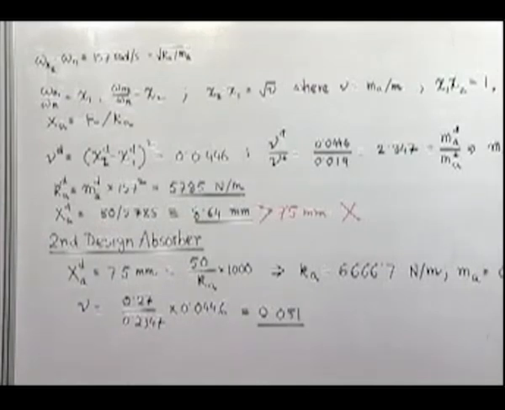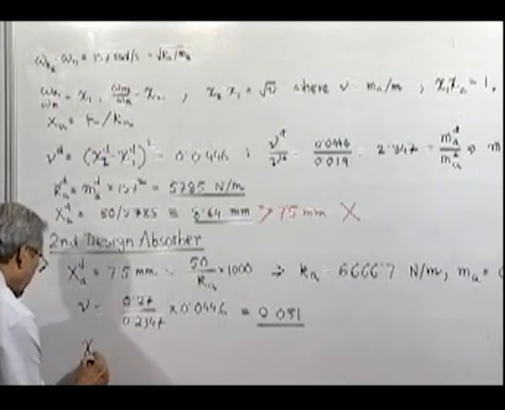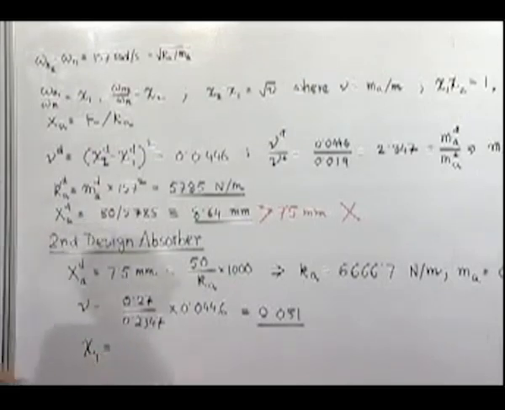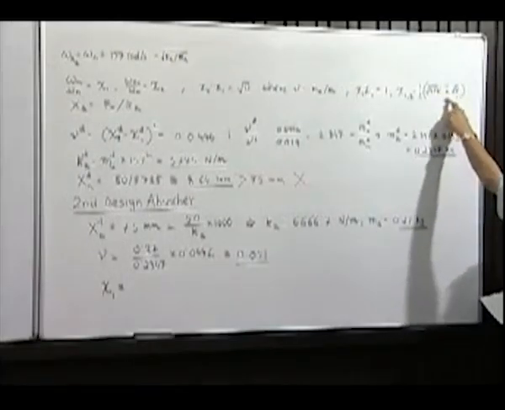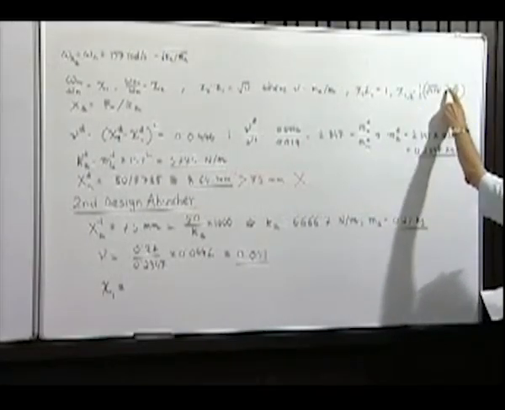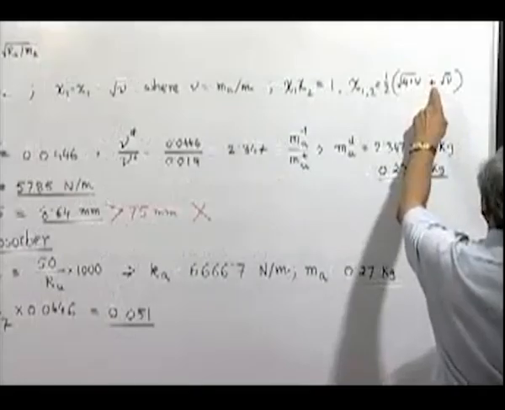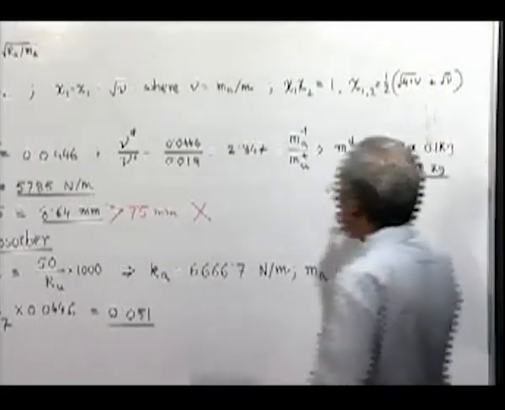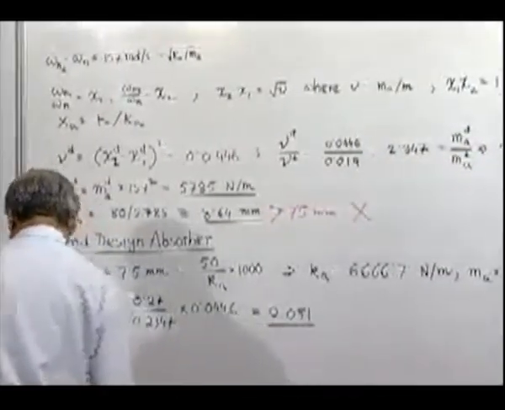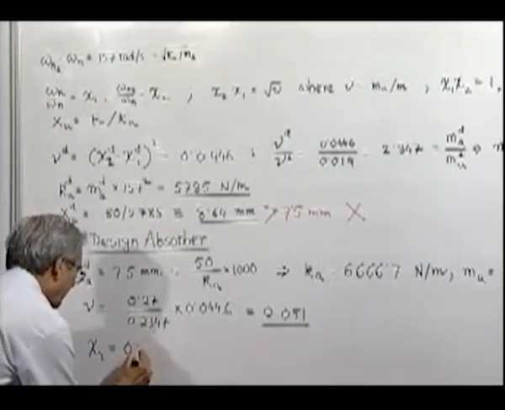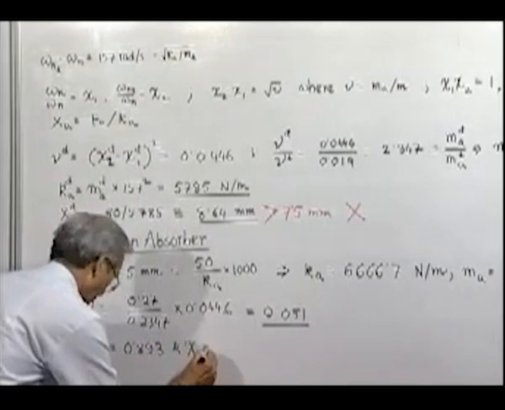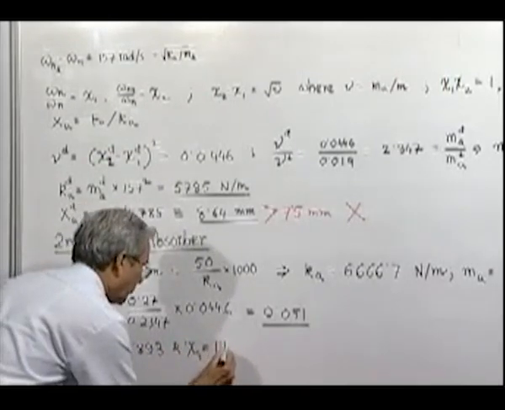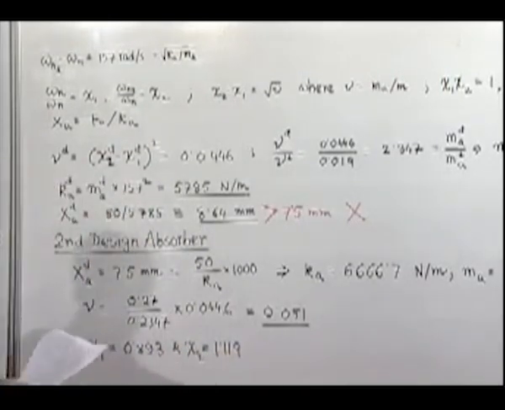Once we know nu, we should be able to find out chi 1. How? We just use this relation, putting the value of nu here, we get chi. When it is minus sign, it is chi 1. When it is plus sign, it is chi 2. So, using this, the calculation gives us chi 1, and chi 2 will be 1.119.